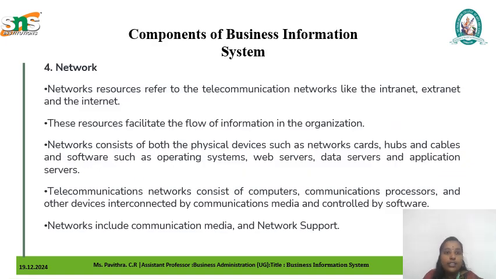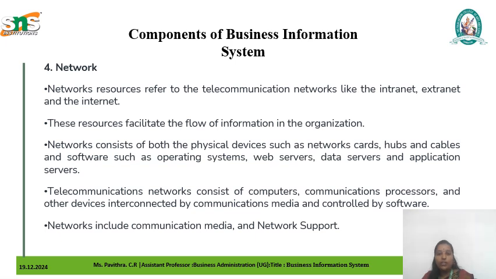The fourth component of business information system is networks. Networks are what we know as internet and extranet, all of which are internet and telecommunication methods. Through these telecommunication networks, information passes from one end to another.